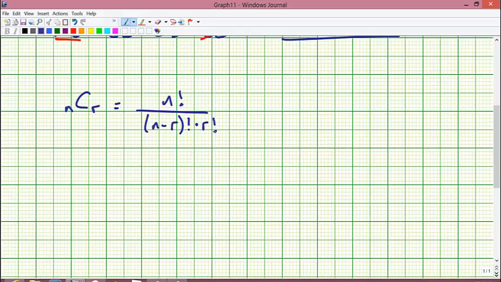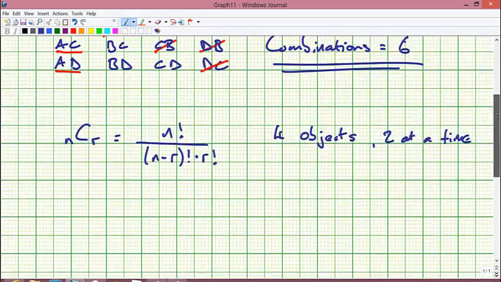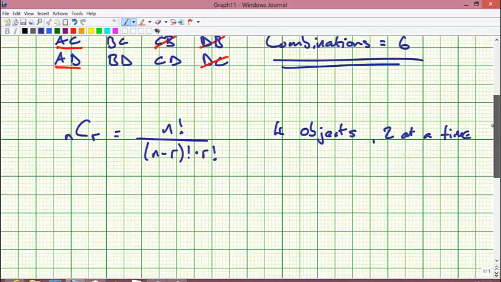Okay? So let's look at an example. We'll do exactly the same thing: the number of combinations of 4 objects taken 2 at a time, which is exactly the calculation we've done above.